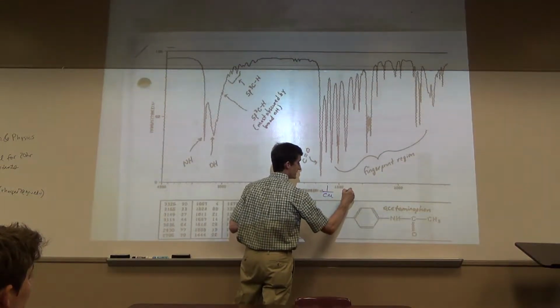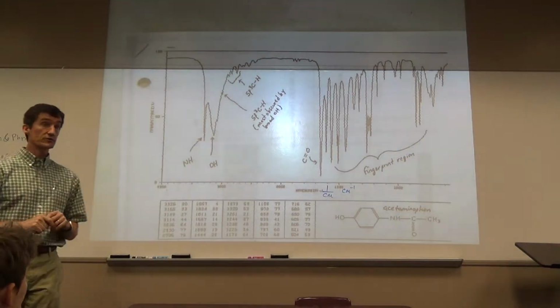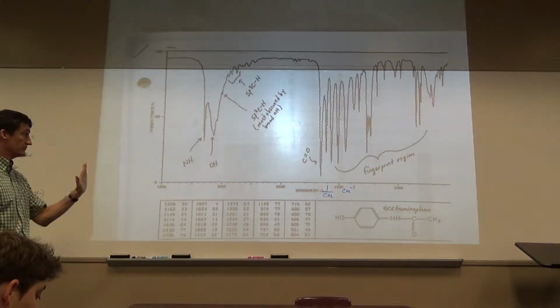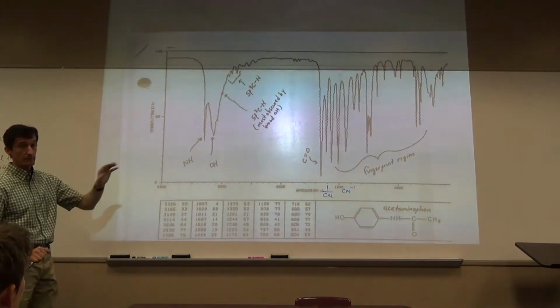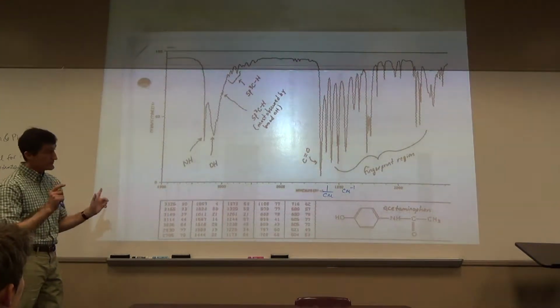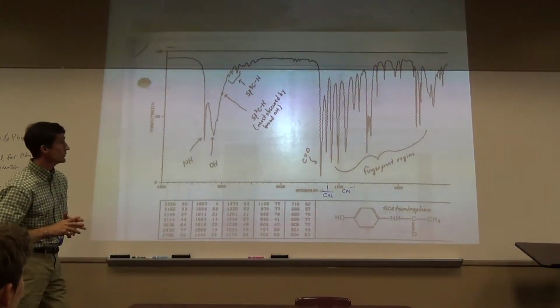Another way to write that is centimeter to the -1, and another way to say that is reciprocal centimeters. That's what's actually plotted. So this is 4,000 reciprocal centimeters. We're going to talk a little bit more about how you do some calculations or adjust that and maybe get frequency or something else.